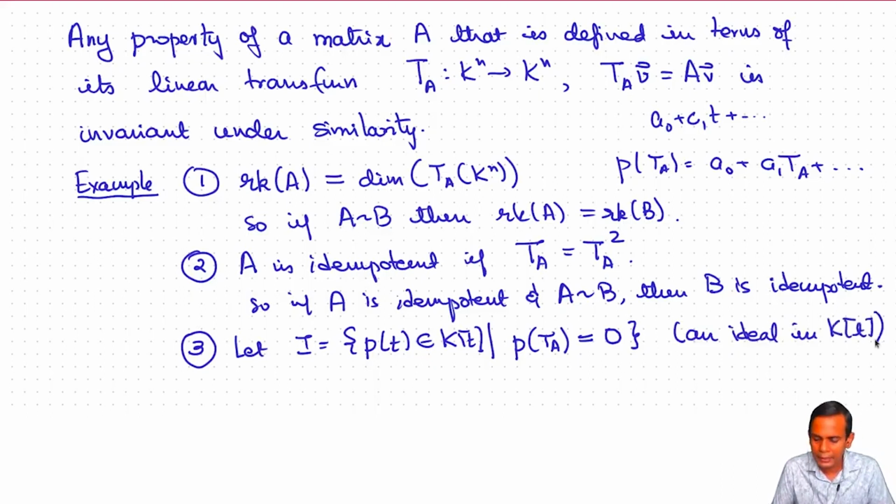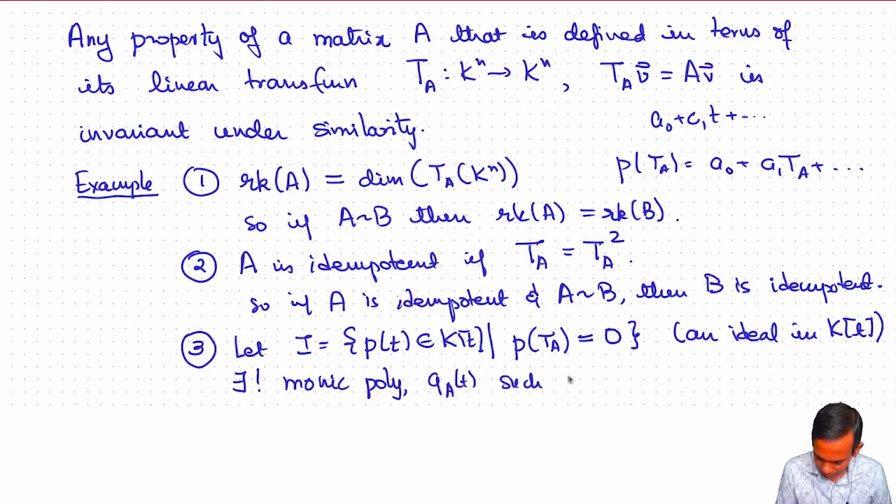And since K[t] is a principal ideal domain, this ideal I is generated by a single polynomial. And if we want to make that polynomial unique, we can take it to be monic. So there exists a unique monic polynomial qA(t) such that I is the ideal generated by qA(t).